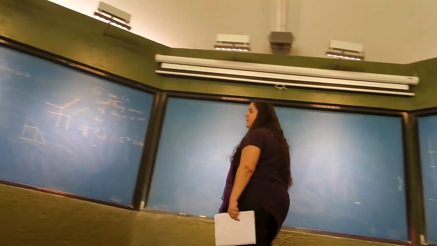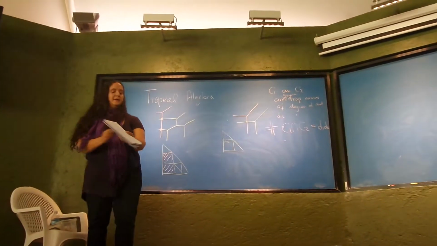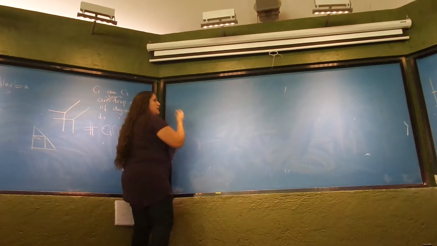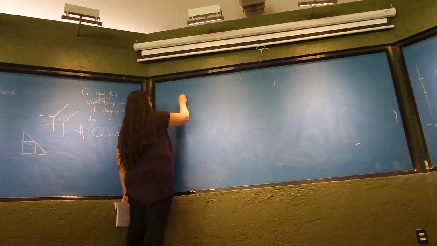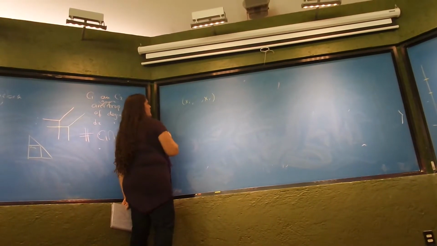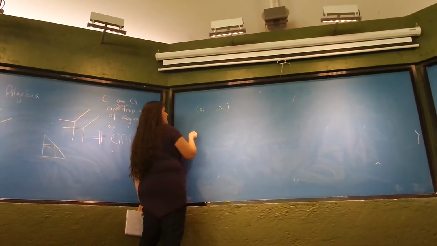And before I speak about how we use this in classical algebraic geometry, for example, we can do this with many more variables and not only take polynomials but ideals.